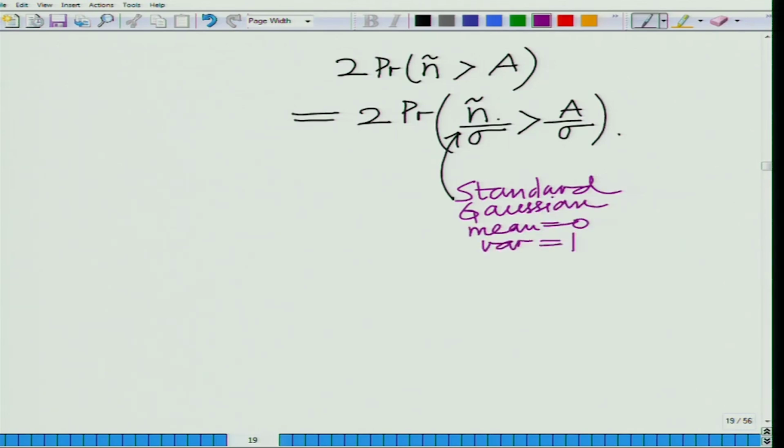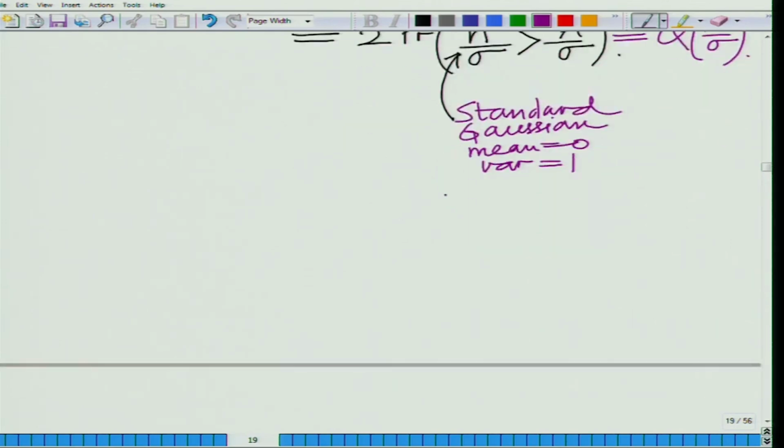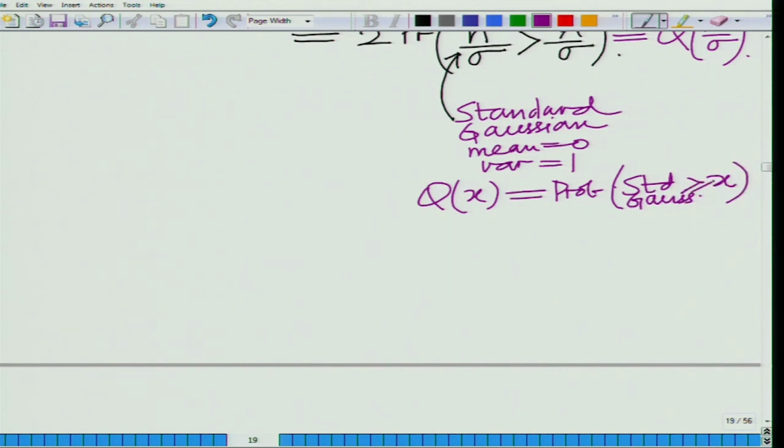So the probability that a standard Gaussian is greater than a over sigma is equal to Q of a over sigma, because Q of x is the probability that a standard Gaussian random variable with mean 0 and variance 1 is greater than or equal to x, from the very definition of the Q function.